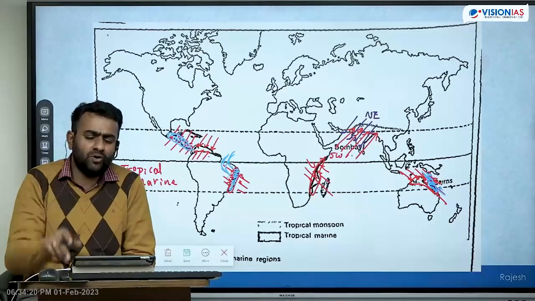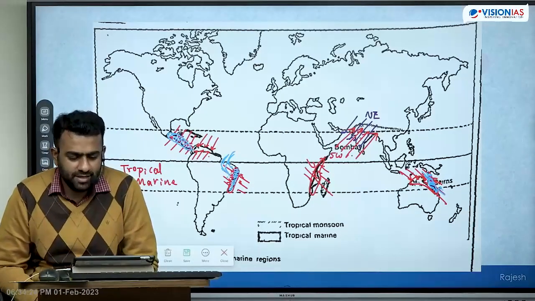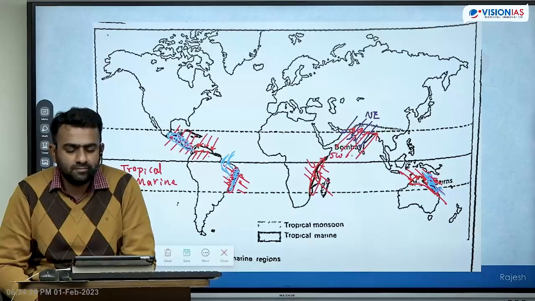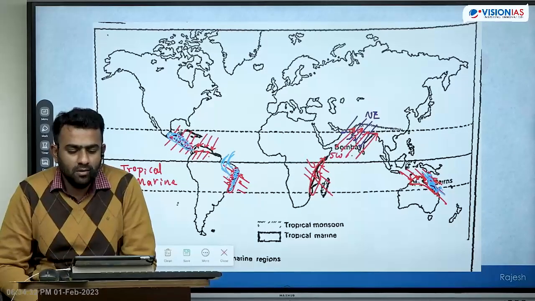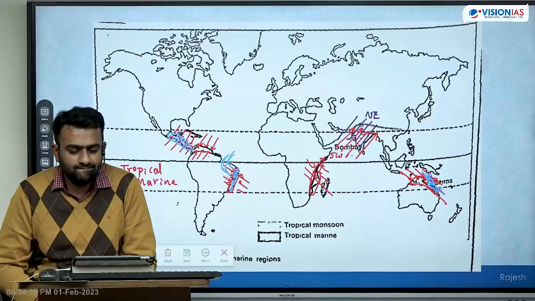इसके पहले जो monsoon climatic regions लिखो, examples of regions of monsoon climate. South Asia, including India, Pakistan, Bangladesh.